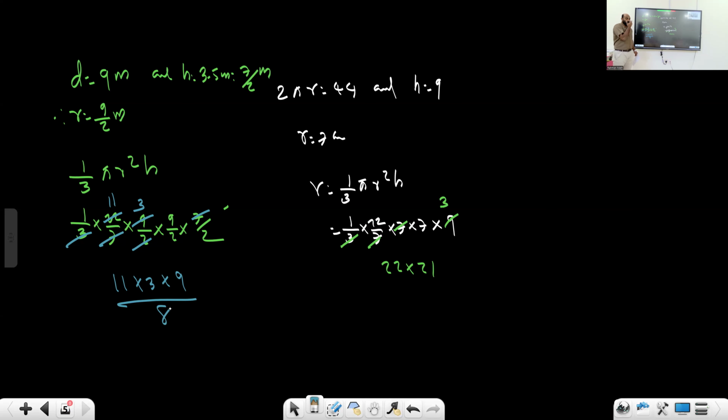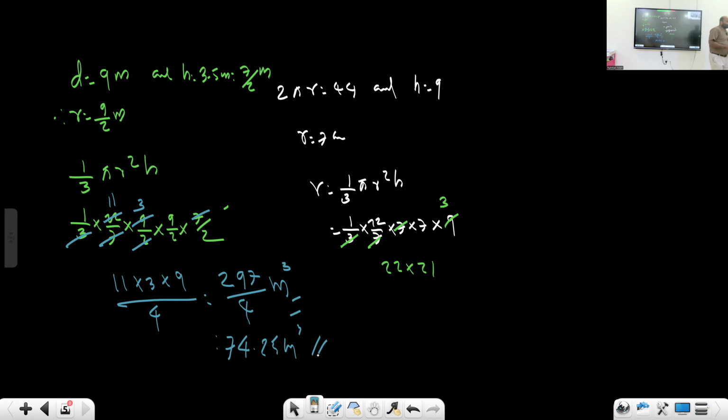How much is 11 into 3 into 9? 297 by 4 meter cube. Even if you are not finding it, how much decimal did you get? 74.25 meter cube is the volume. So we have done the 13th question also.